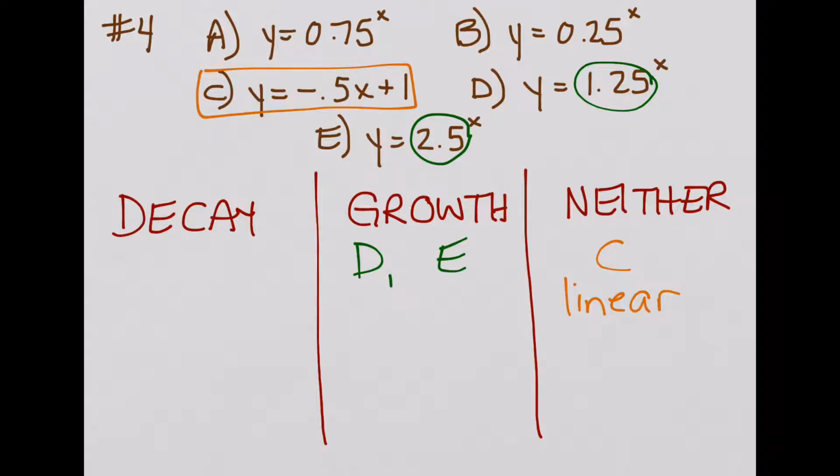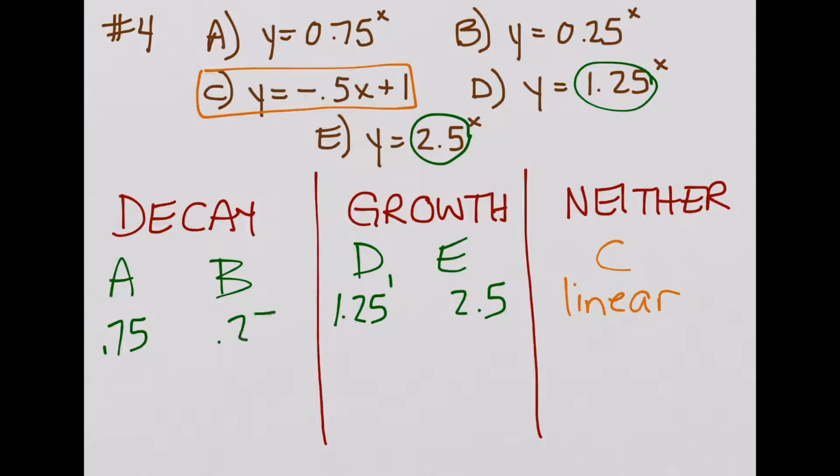So the growth factor for D is 1.25, that thing in the parentheses. What are we multiplying by every time? And the growth factor for E is 2.5. So what's the decay factor for our 2 equations that are left, A and B? The decay factor is 0.75 and 0.25, that thing that you multiply by every time, the common ratio. That's our factor.